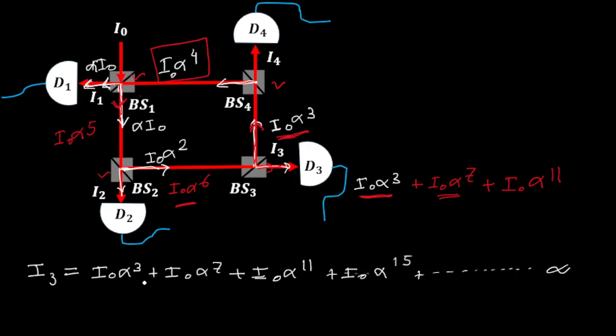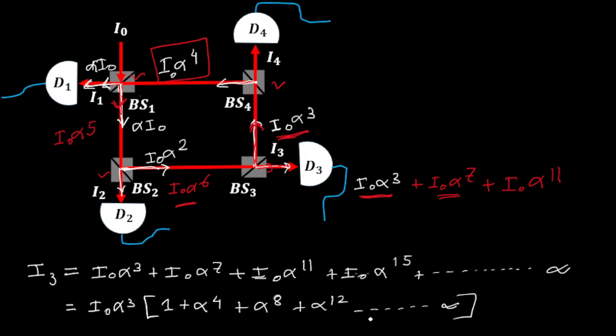Now you can see each term has I naught and alpha cube, so we can take I naught into alpha cube common. Then we'll get 1 plus alpha to the power 4 plus alpha to the power 8 plus alpha to the power 12, and so on up to infinity.